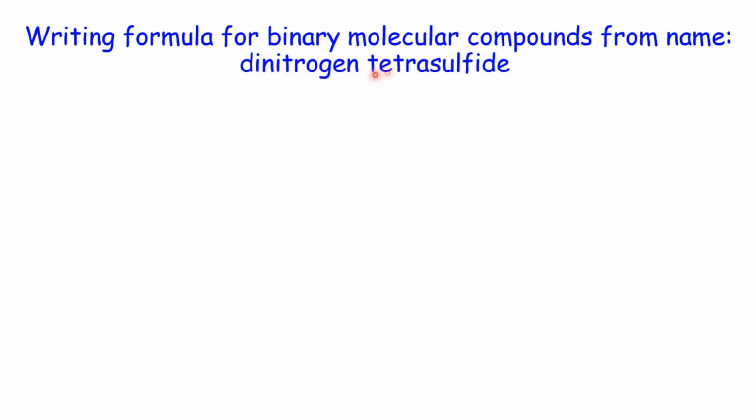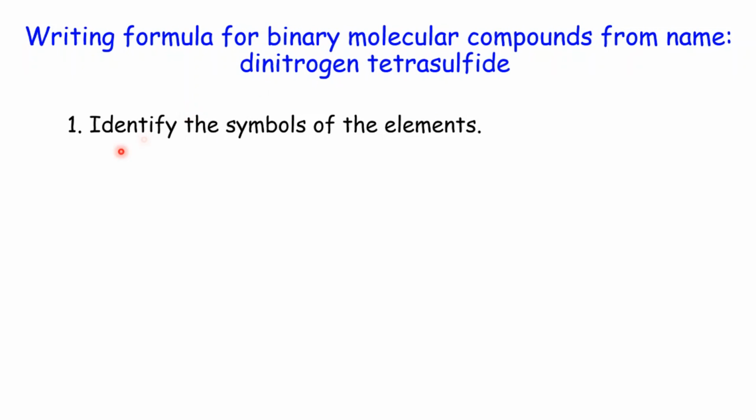Writing formulas for binary molecular compounds from names: dinitrogen tetrasulfide. Now we are writing formulas from names. What do we do? First, identify the symbols of the elements.